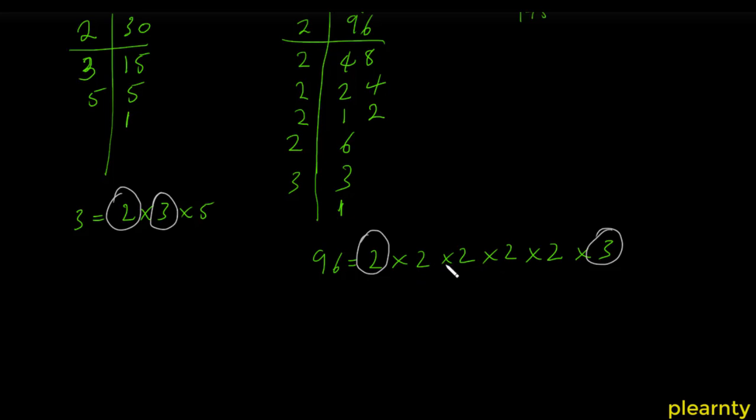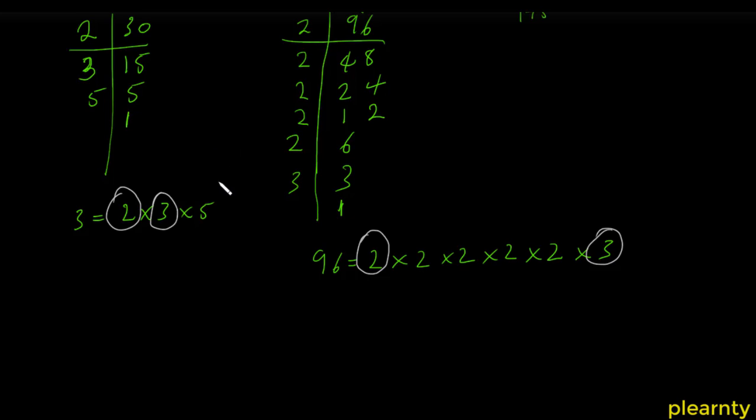So we have four more 2's here, but since there is no 2 matching them in 30, there's nothing to do with them. They are not part of the common factor, because if you add all of them, you will have an error. So you only pick one number here to one number here. And 5 is here, but 5 is not here, so it's not part of the common factor.